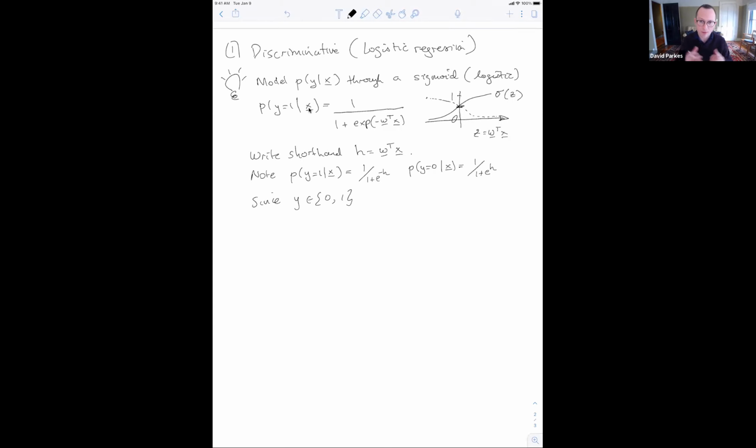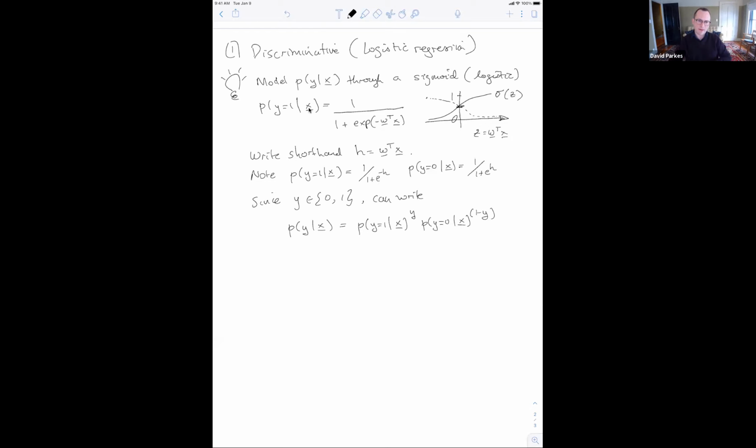So since y is 0 or 1, we can write p(y given x), both for y equal 1 or y equal 0, as a single expression, which is p(y equals 1 given x) raised to the power y, multiplied by p(y equals 0 given x) raised to the power 1 minus y.